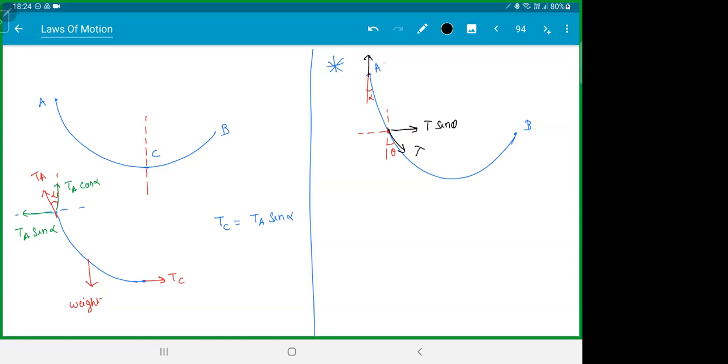And the A component, if you see, this will be TA cos alpha, and this will be TA sine alpha. The horizontal component of tension of the string is always constant. TA sine alpha is equal to tension into sine theta, because the weight will never matter. Horizontal component of tension on the string at any point is constant.